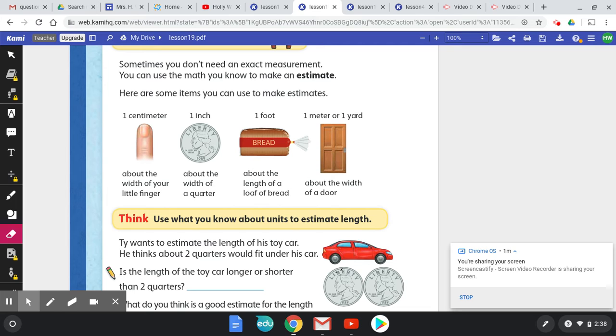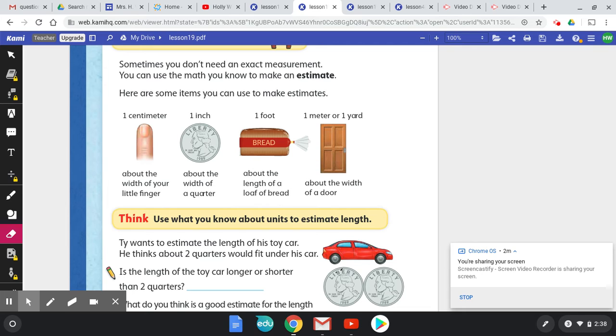A usual loaf of bread is about 1 foot. And remember how many inches are in a foot? 12. And then a meter or a yard. Remember, a meter stick is just a few inches longer than a yardstick. So about that would be the width of a door. A usual door is about the width of a meter or a yardstick.